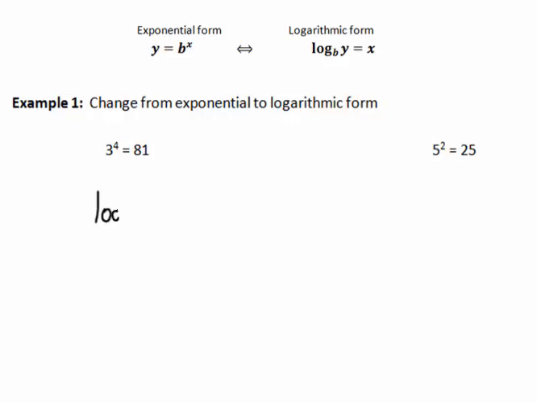Log, the base stays the same, base 3. And what goes after the base is what's called the argument, which in this case would be 81 is equal to 4. So we have a base, the exponent, and what we call the argument.